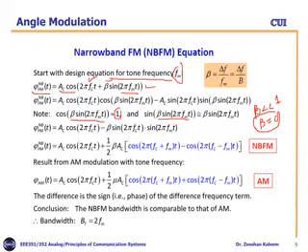So if the inside term is equal to 0, then in other words we can say that sin(beta sin 2 pi f_m t) is approximately equal to beta sin 2 pi f_m t.